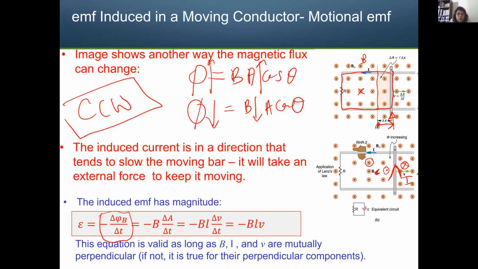So because of that, I'm going to write B and delta A over delta t. Then delta A over delta t, because the cross-sectional area in this coil will be equal to your L times X, right? So now L is basically this length, right? The cross-sectional area that you change will be delta X over delta t.